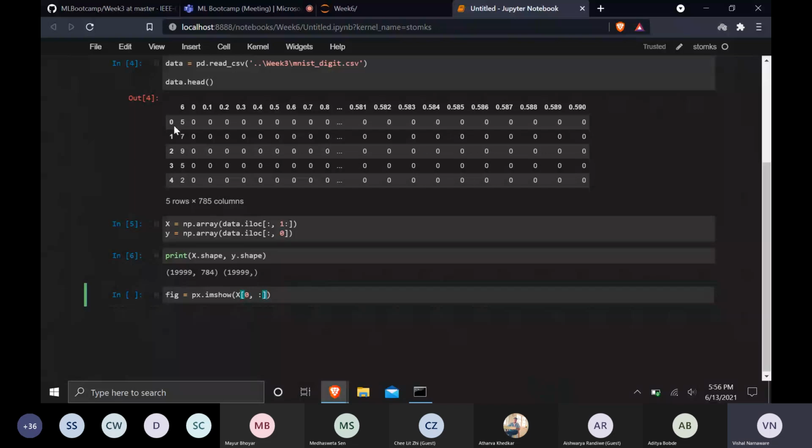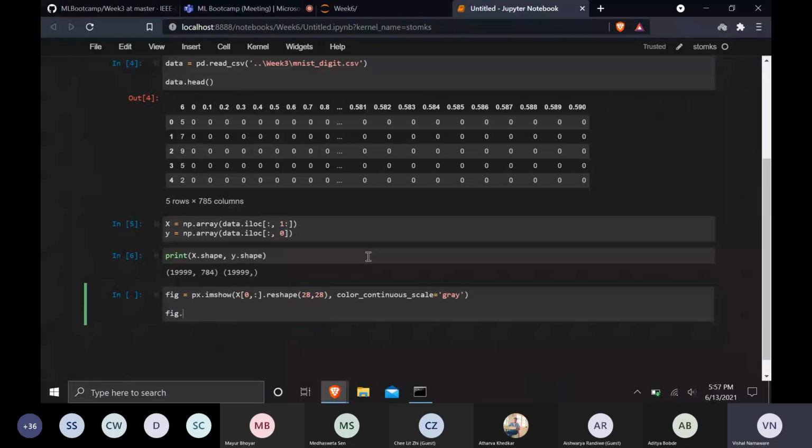The first row and all the columns. And I'm going to reshape it into the normal grid format, 28 by 28. And we are going to set the color map. We have color_continuous_scale equals gray.